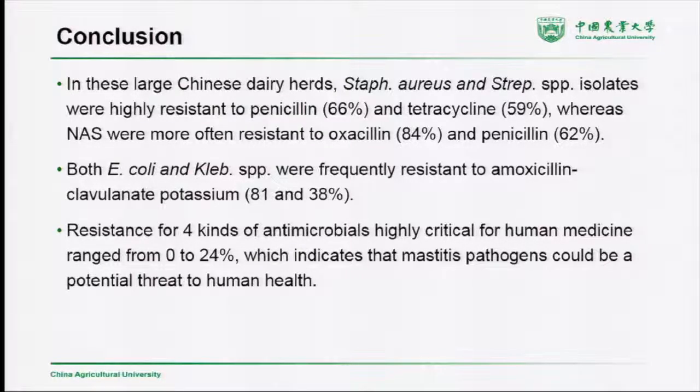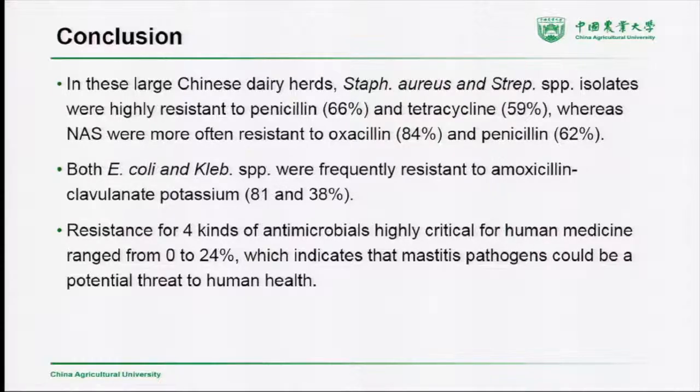And in conclusion, in these large Chinese dairy herds, Staphylococcus aureus and Streptococcus species isolates were highly resistant to penicillin and tetracycline, whereas NAS were more often resistant to amoxicillin and penicillin.